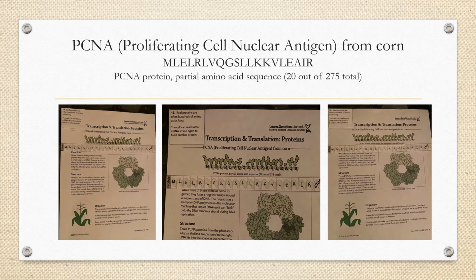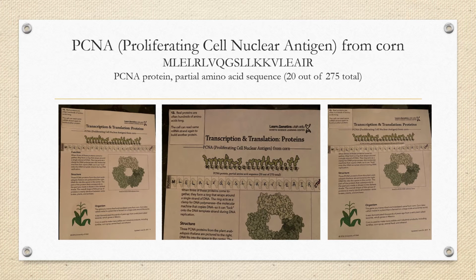Corn, also called maize, is a plant that is farmed on a large scale around the world. It was domesticated thousands of years ago from a wild plant called teosinte, which grows in Mexico. Corn is used to make many edible and industrial products, including tortillas, corn syrup, animal feed, and ethanol.